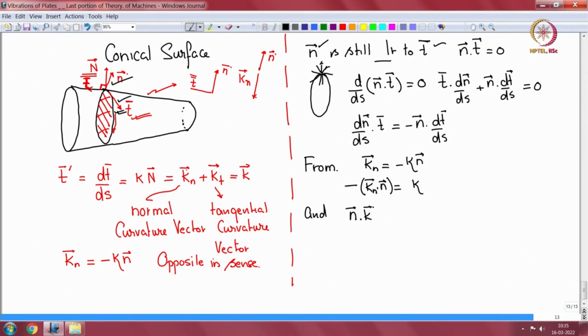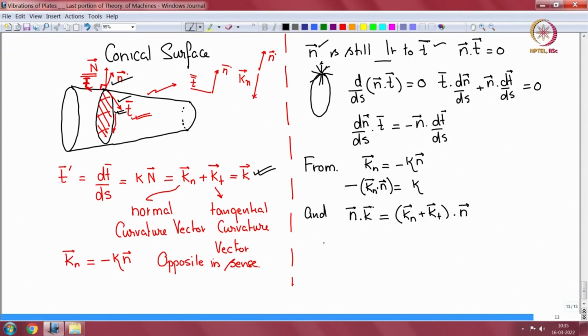This k, which is equal to kn plus kt, dot n.